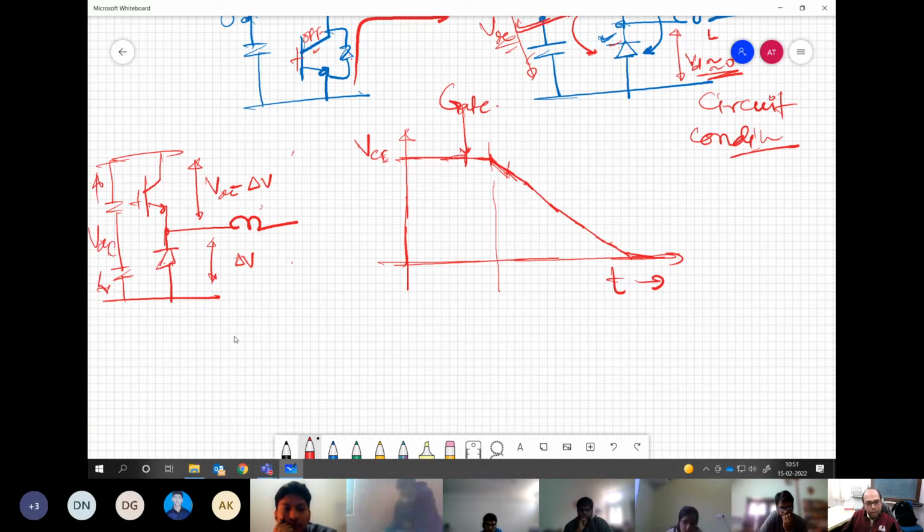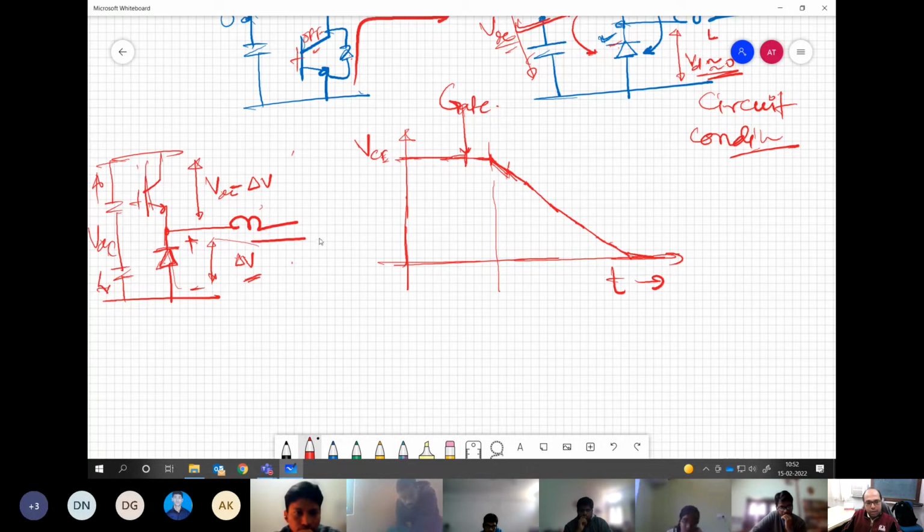Now, diode cannot have a situation where current is flowing through it and there is some voltage also across it. That is diode property. Whenever there is current through the diode, immediately the voltage will go to 0. Now we are forcing some voltage across it, and of course, the polarity is opposite. So immediately the current will get transferred to the device.